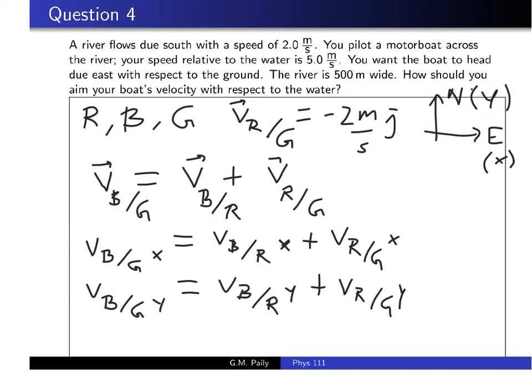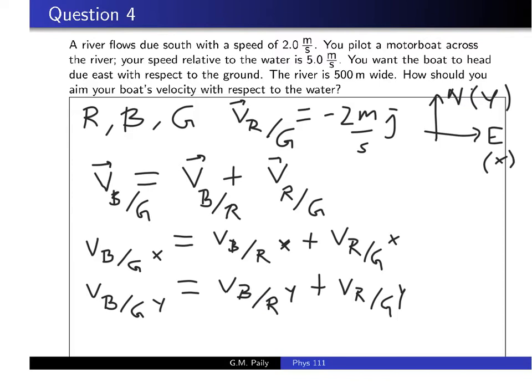How does this help? We know that we want the boat to head due east. In other words, if we look at the velocity of the boat with respect to the ground, it should have only an east, that is, an x component.